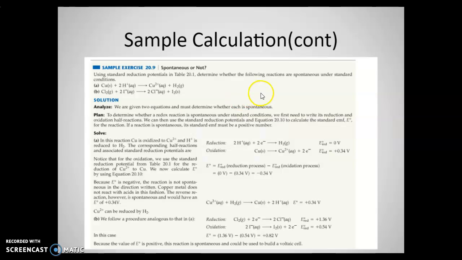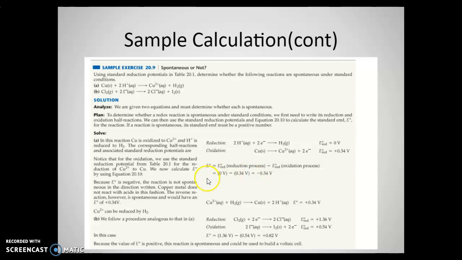If you look, the E0 reduction for copper is 0.34, and it is the reduction minus the oxidation, right? 0 volts minus 0.34 volts, so that would be negative 0.34 volts. Since it is a negative cell potential, if we plug that into delta G0 equals negative NFE0, you're going to get a positive value for delta G, and that means the reaction is non-spontaneous.